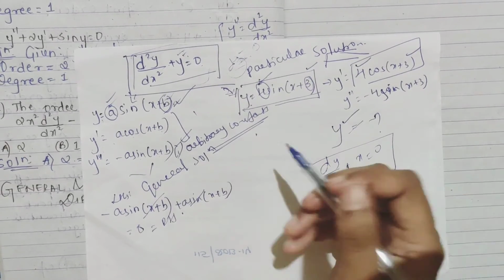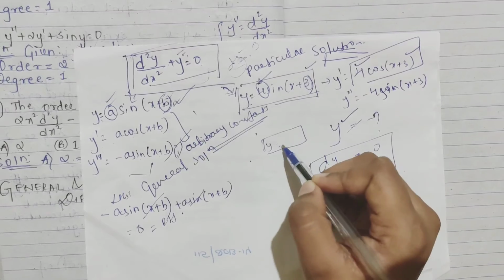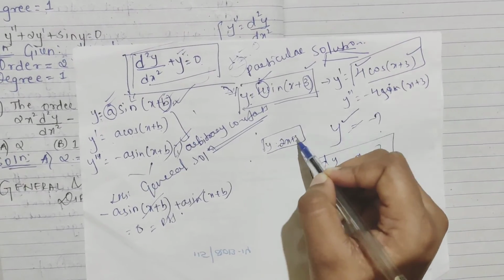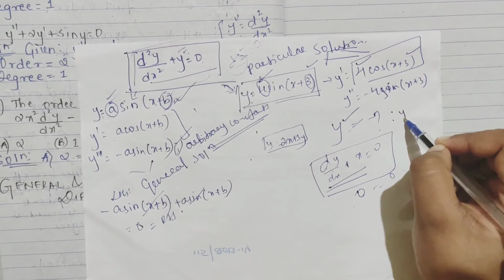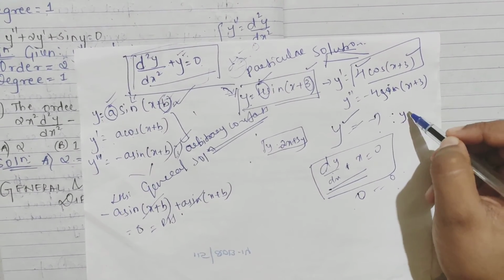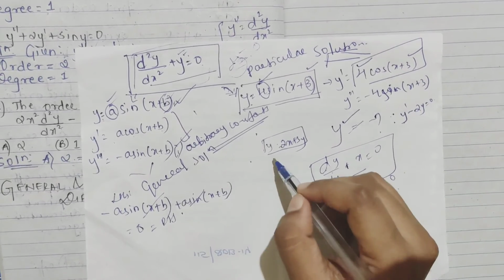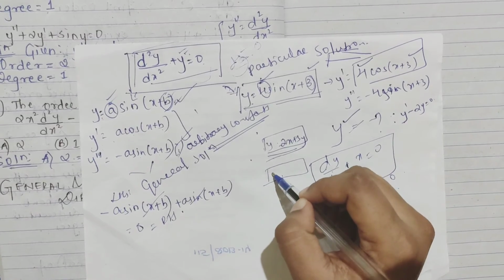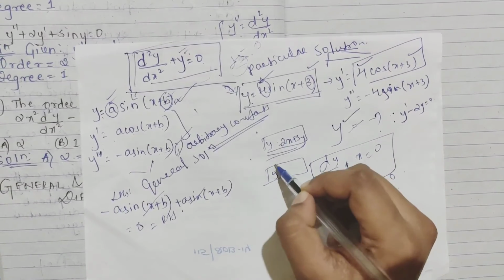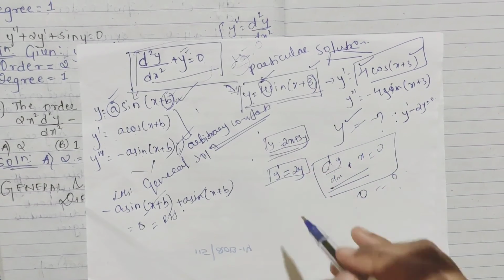Or in some questions, from the question which they have given, something like 2x plus 3y, they are telling you to verify for something like y dash minus 2y equal to 0. So when you derive it, suppose you are getting y dash is equal to 2y, okay?